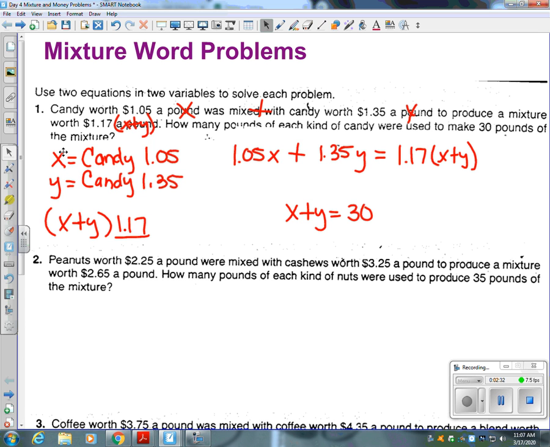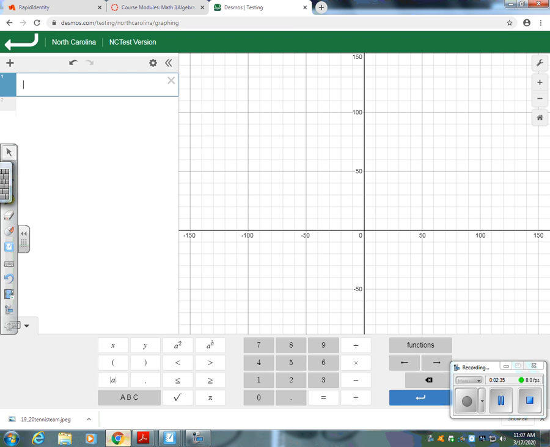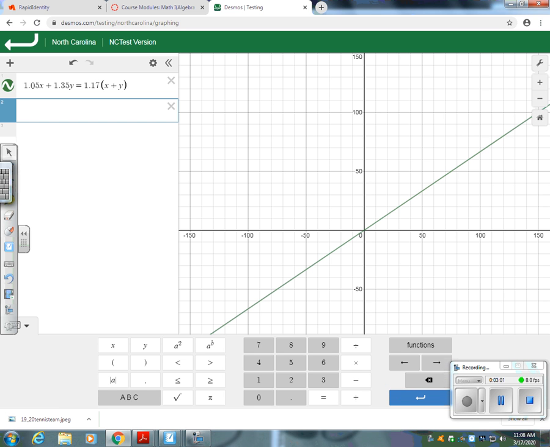So we turn to our Desmos, how we've been solving systems, and it was $1.05 X plus $1.35 Y is equal to $1.17 times the mixture, which is your X plus Y. The other equation that we come up with is the mixture of the candy, X plus Y is equal to 30 pounds, and that's all we get.